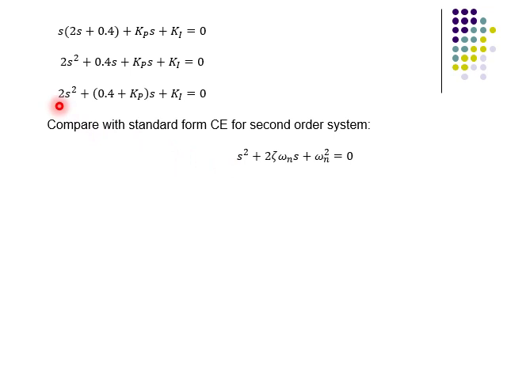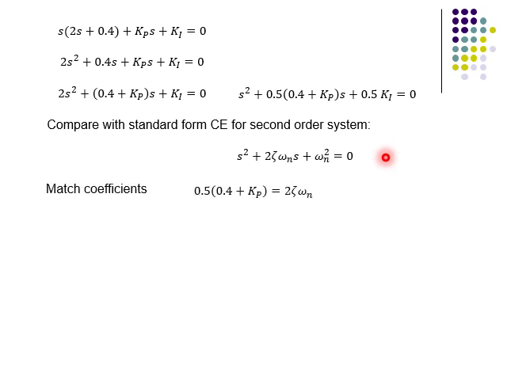So first we multiply the equation by half so that we end up with a unity coefficient for the s squared. Now the two equations are in the same form, and we can compare coefficients directly. If we equate the coefficients for the terms in S, we get this first equation.